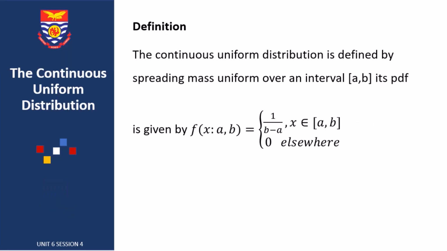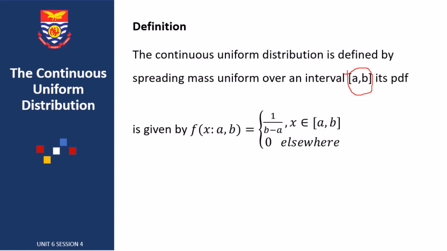Now, definition. The continuous uniform distribution is defined by spreading mass uniformly over an interval, and this interval is what we call a closed interval, [a, b].